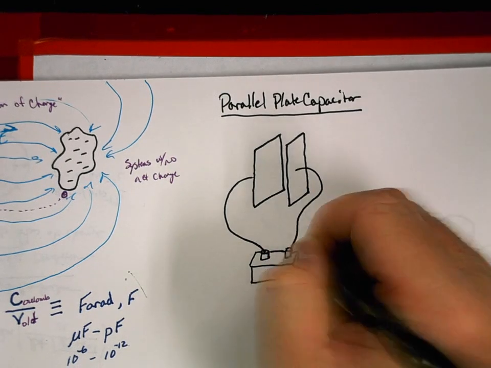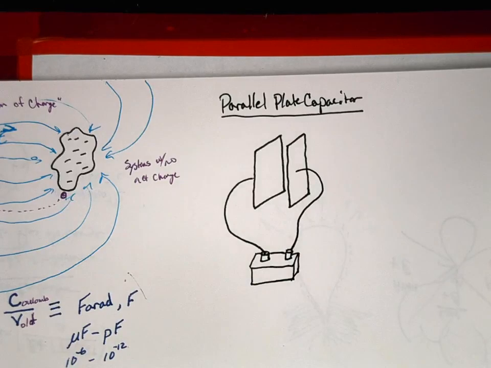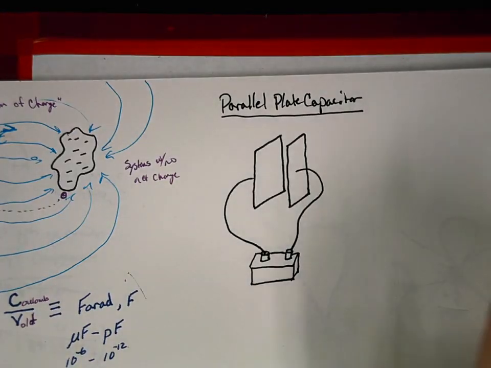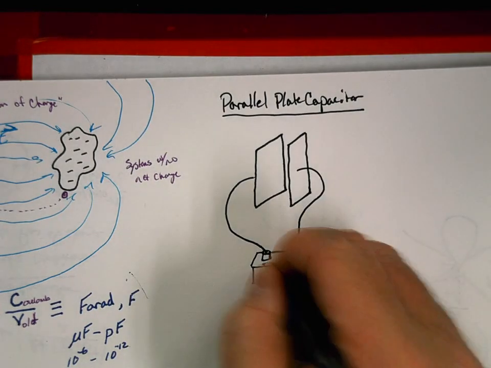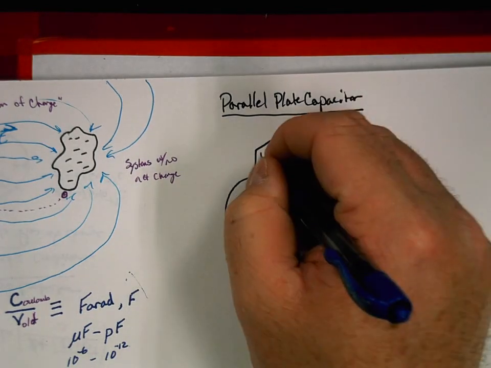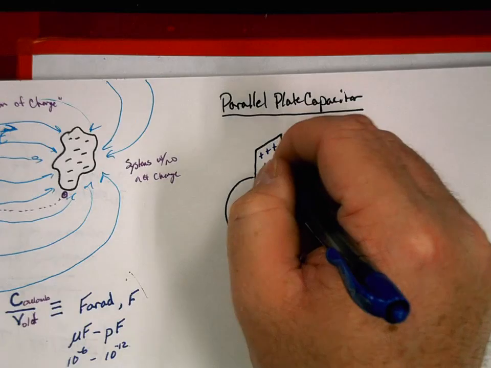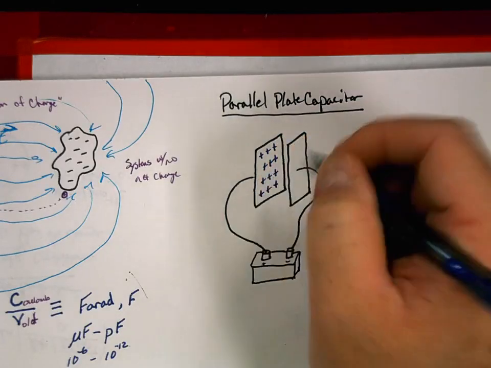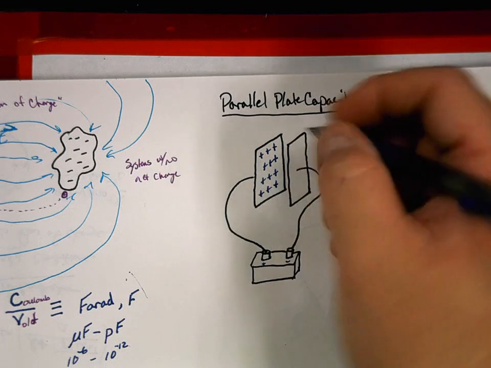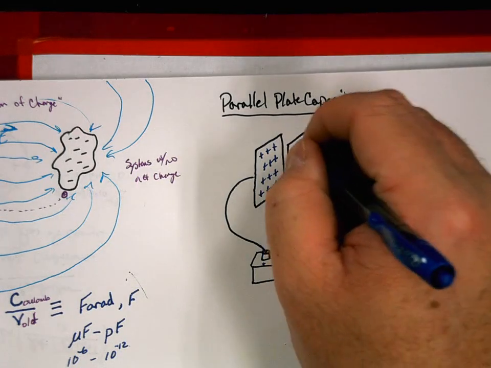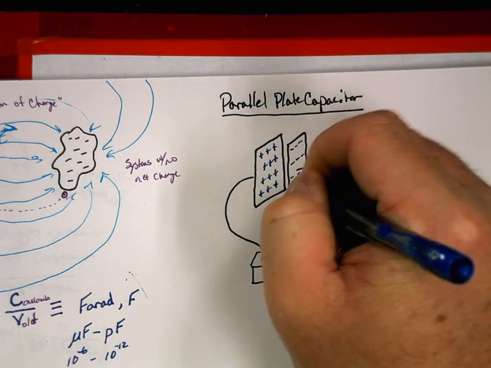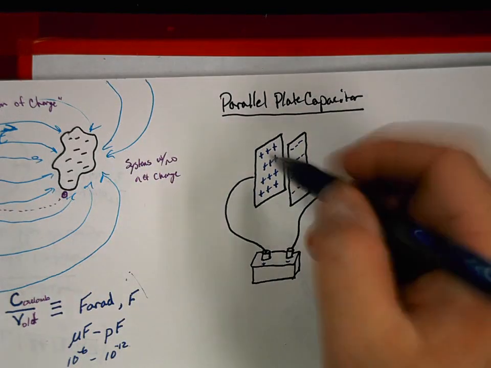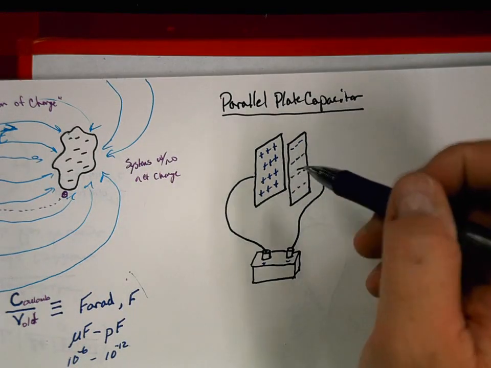Okay, here's our parallel plate capacitor. On one side, and we'll call this positive and negative here, we have a collection of positive charge. And what the battery does for us, or the electric cell, or whatever you want to call it, I'm going to call it a battery because I don't like calling it anything else, establishes a situation where we have an equal amount of positive charge and negative charge on our plates.